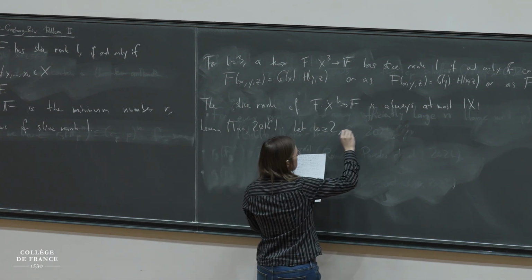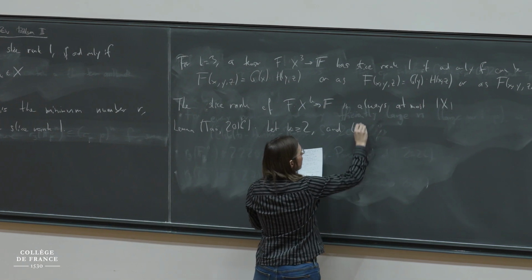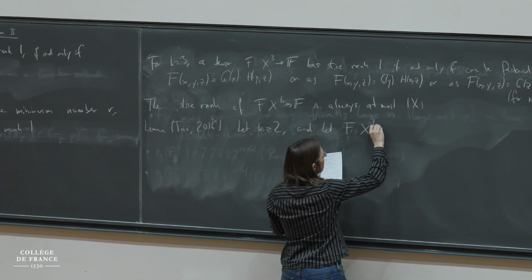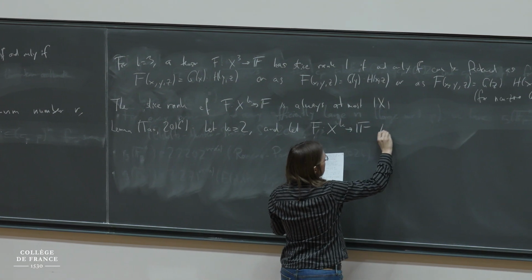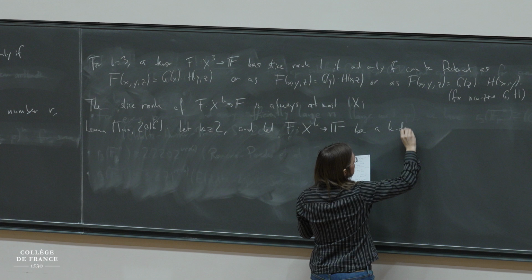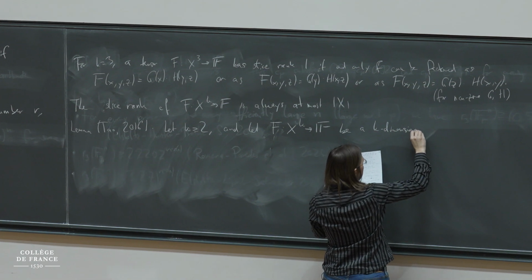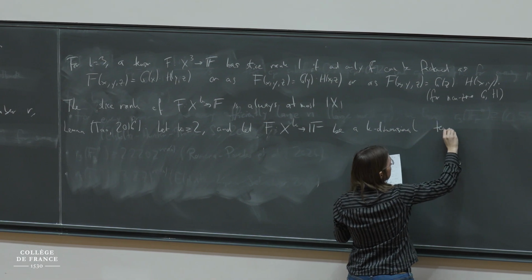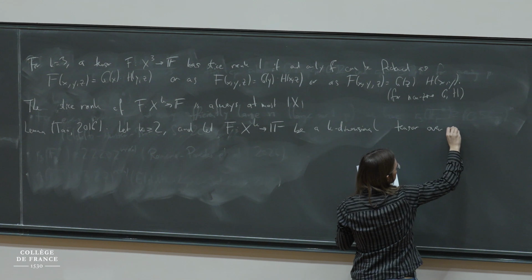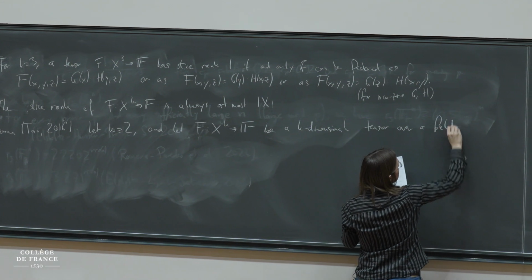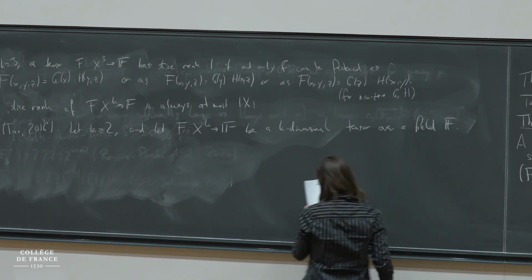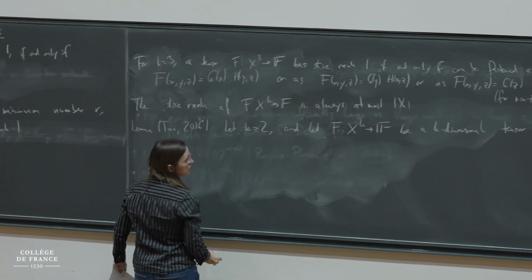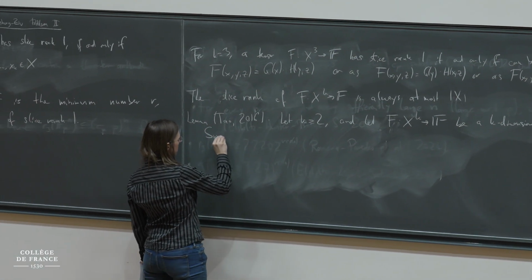if k is at least 2, and let f be a k-dimensional tensor over some field. Now we suppose that the tensor is diagonal. What does that mean?